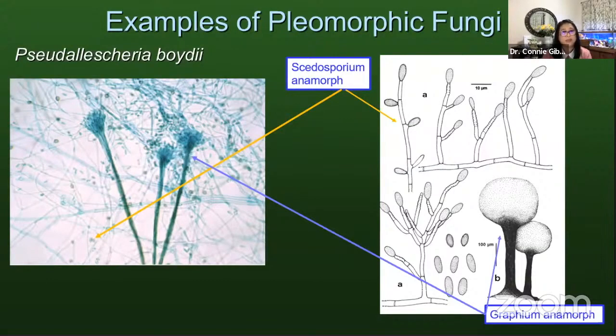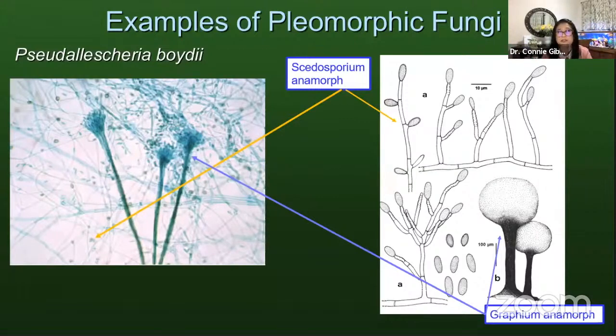This Pseudallescheria boydii is a pleomorphic fungus. You can see it has what we call the Graphium anamorph, which is a bunch of the Scedosporium anamorph. If you look at the Scedosporium anamorph, it's just a single conidiophore with the conidia on the stalk. When they're bunched together, they become the Graphium anamorph.